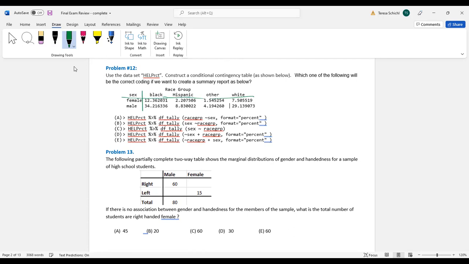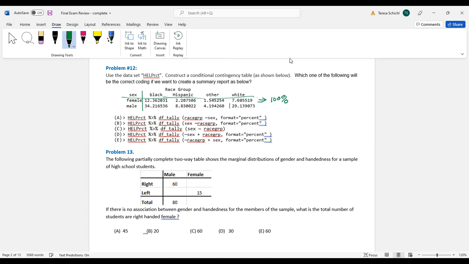You have sex over here and race groups on top. Which of the following will be the correct coding if we want to create a summary report? The first thing to notice is the percentages: when you add them all together, it will be 100%.